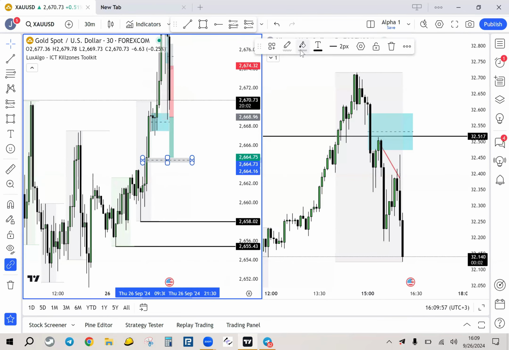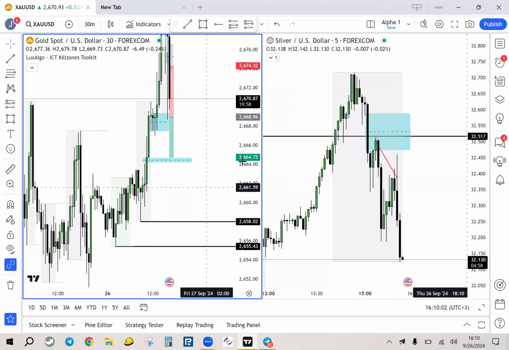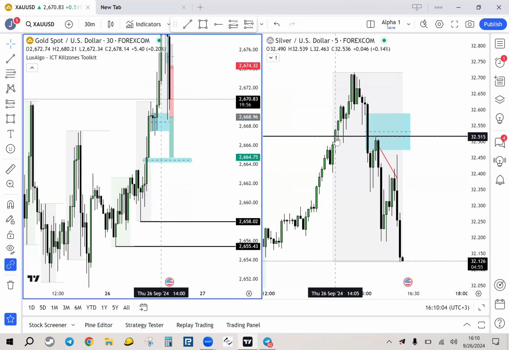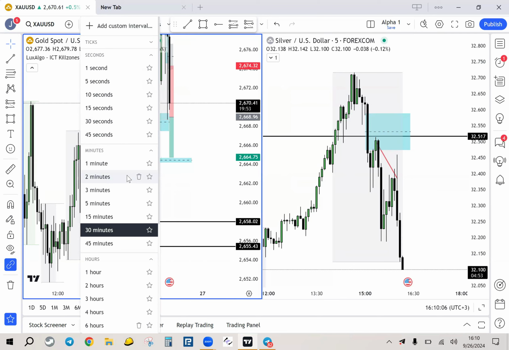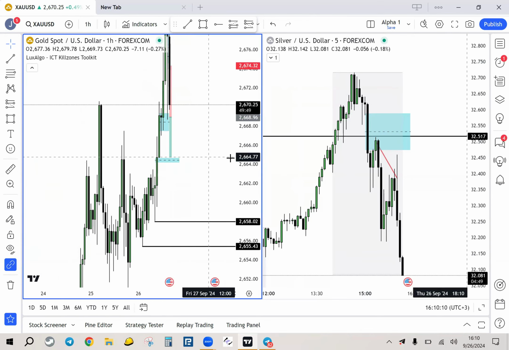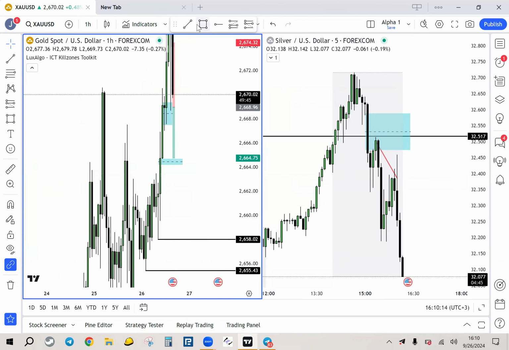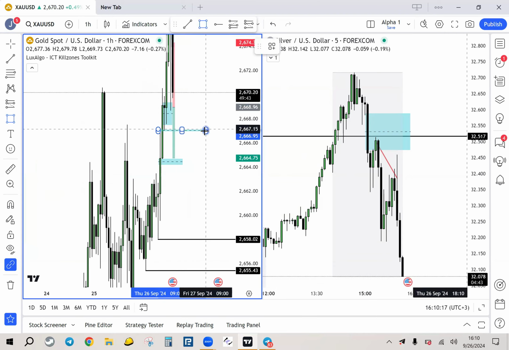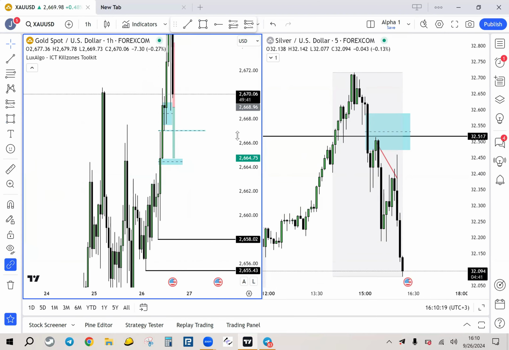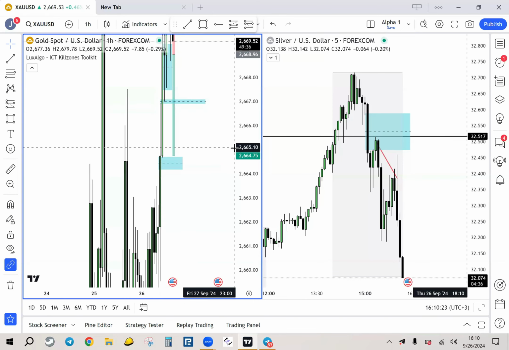We have one in here in the 30-minute, because you also want to see potential targets, okay? And if we go to the 1 hour, there's that one, the same one, and I think there's one in here. Yeah, there's one in here as well.